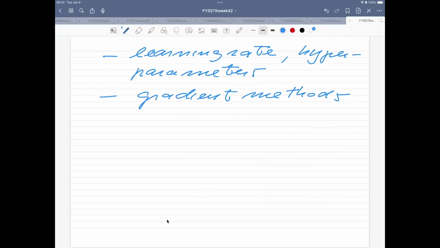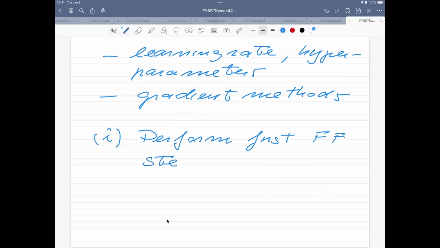Then the first thing you do, one, you perform a feed-forward, FF, step, and continue.